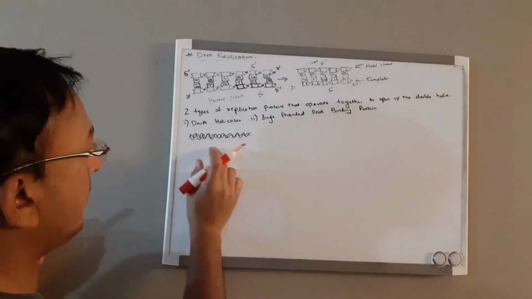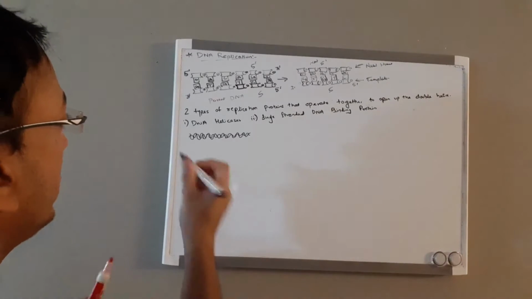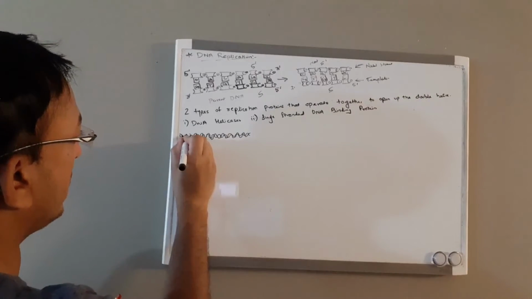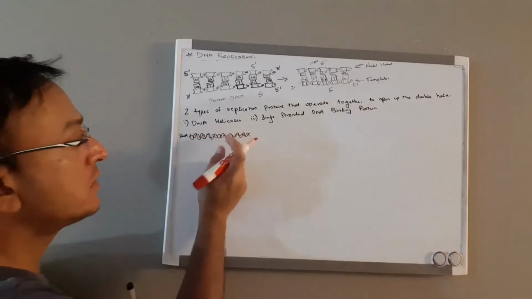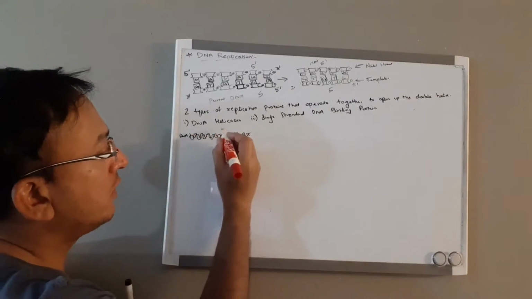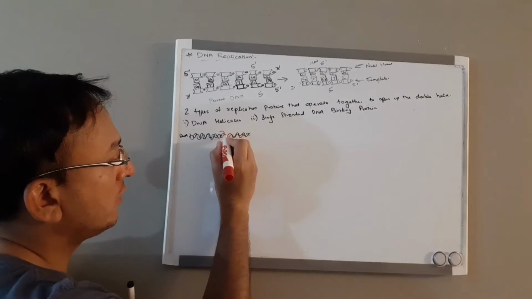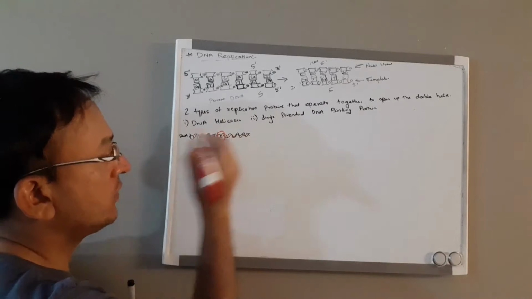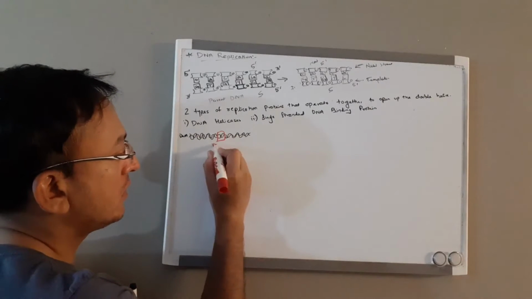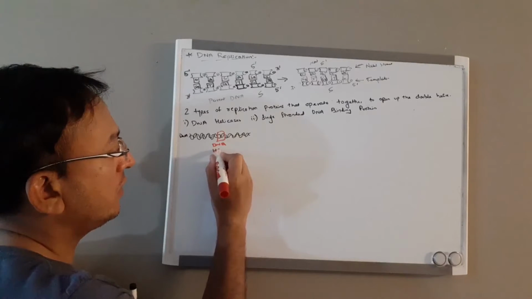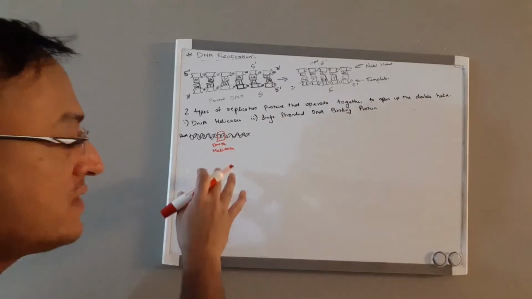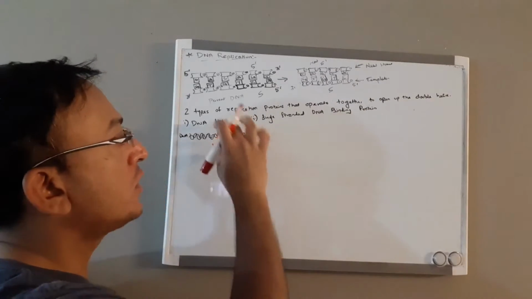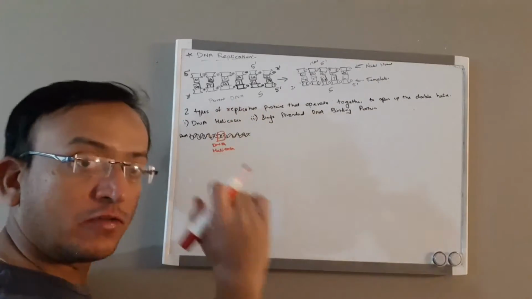This is our DNA, and this is our DNA helicase. It sits at the front of the replication machine.